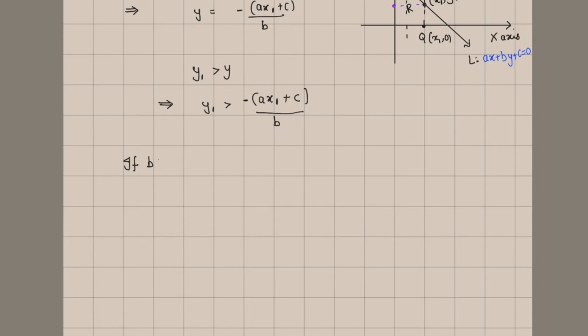If b is greater than 0, which means b is positive, if you take it to the left hand side, the comparison doesn't change, in which case by1 is greater than minus ax1 minus c, which gives ax1 plus by1 plus c is greater than 0. Okay, did you get that?